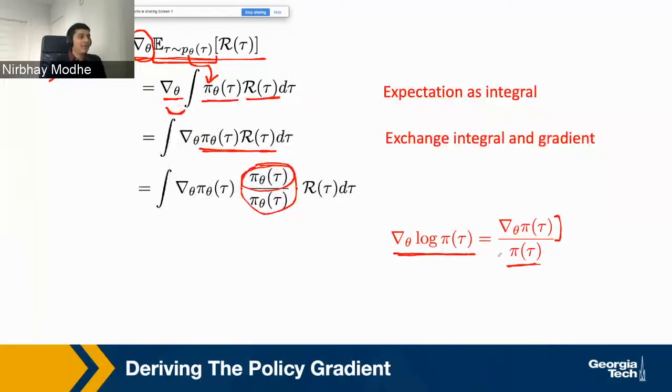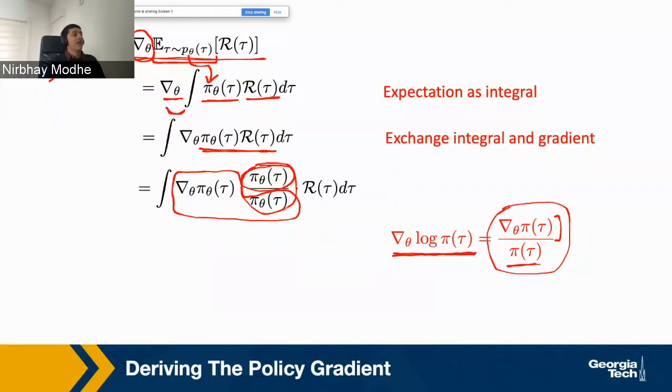Given these two quantities, my denominator and my grad of pi theta, I can replace this ratio with the gradient of log of my policy. So that is basically what I do. This term is replaced by grad of log pi theta, and I have a pi theta in the numerator, which is what I want now.